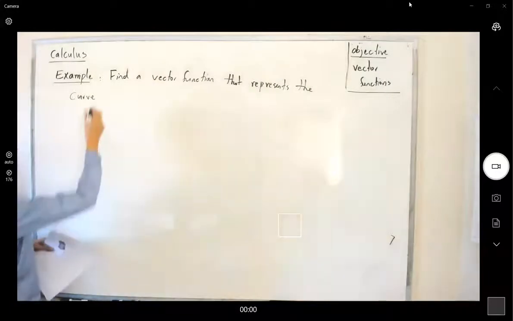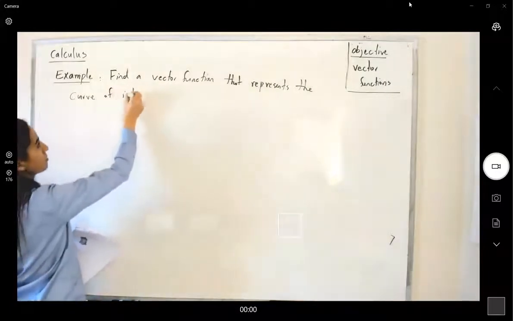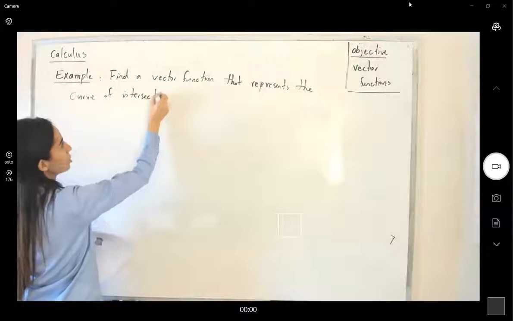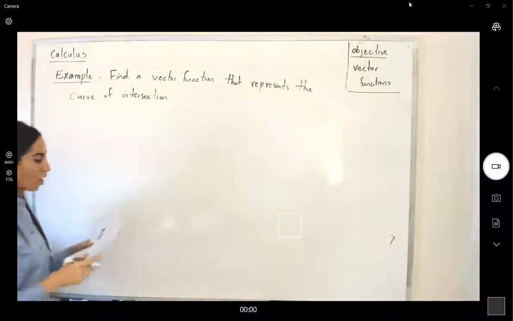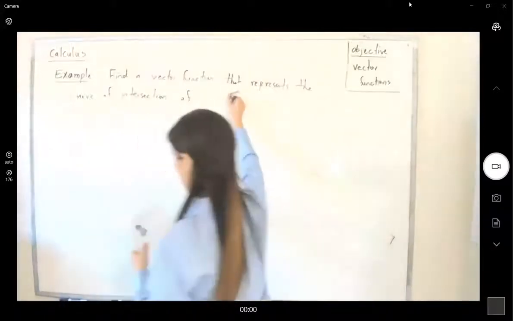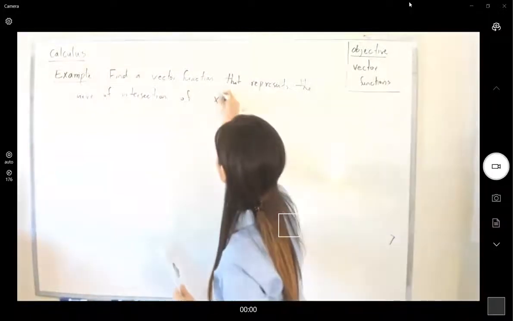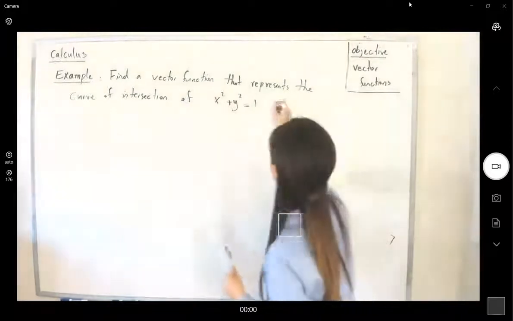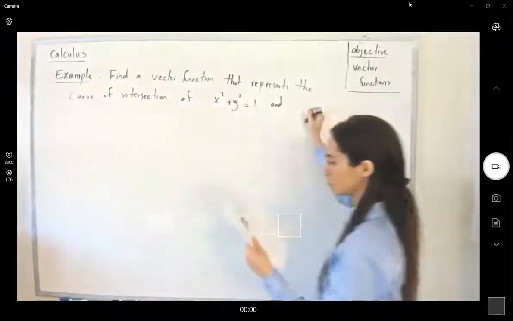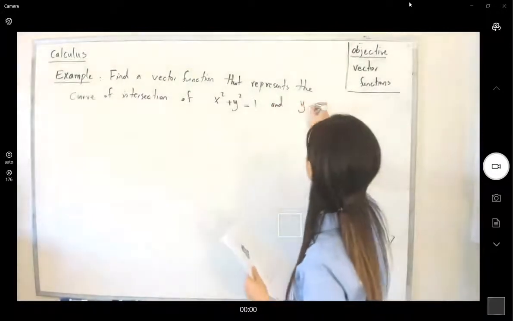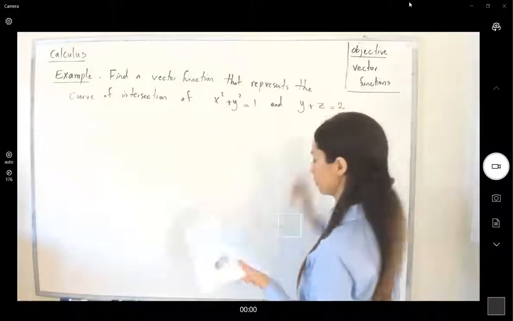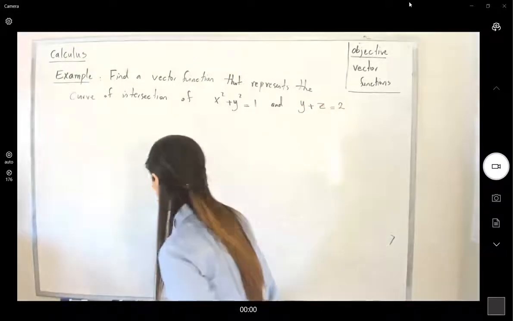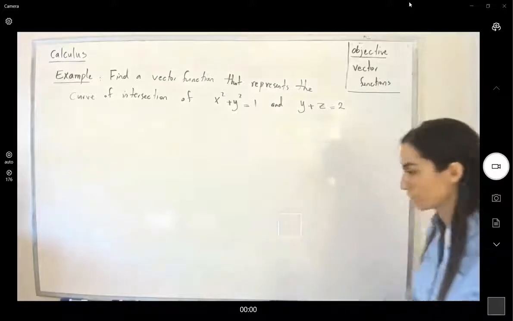The curve of intersection of a cylinder x squared plus y squared equals 1, and the plane y plus z equals 2. Okay, perfect.